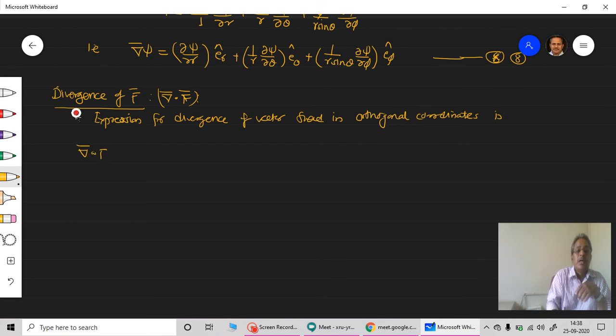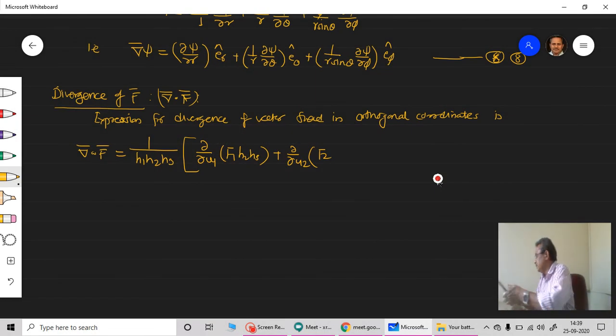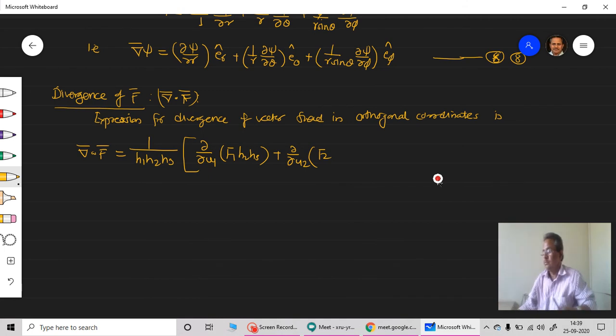So this is del bar dot f bar is equal to 1/(h1 h2 h3), the product, into the bracket: ∂/∂u1 of the first bracket consisting of f1 and h2 h3, second term is ∂/∂u2 of the bracket f2 into h1 h3, and the last term is ∂/∂u3 of the bracket f3 h1 h2.